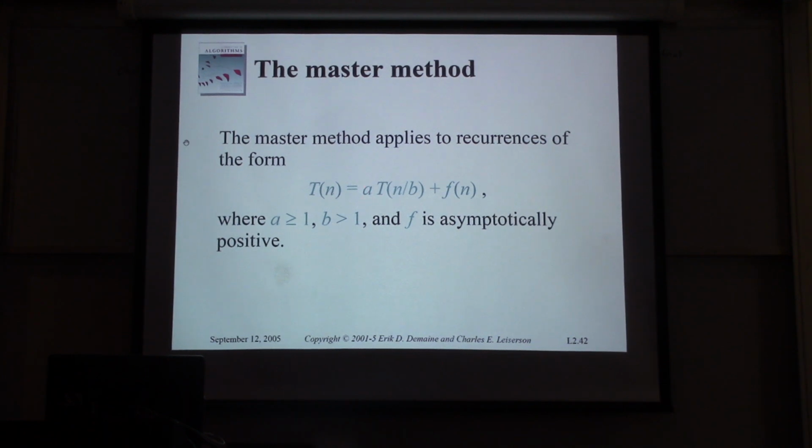What's f of n? Characterize f of n. F of n is the actual work. What's T of n over b? Recursive work. Recursive work, recursive cost, actual work. So at level 0, how much work is being done?